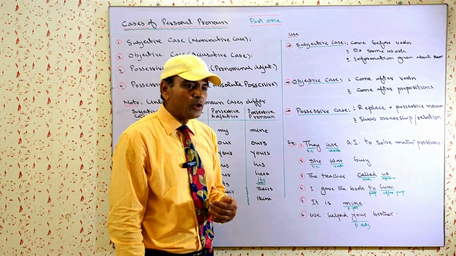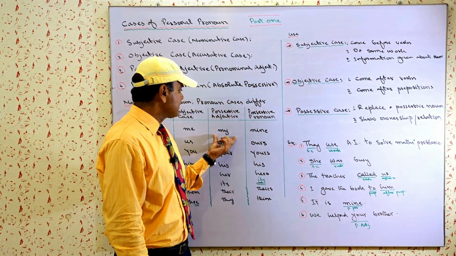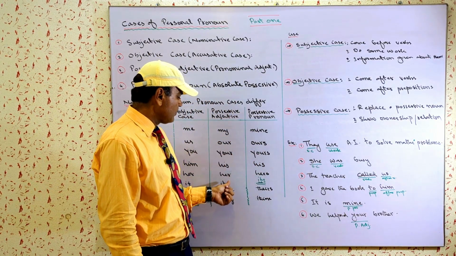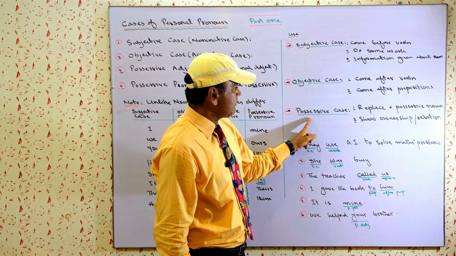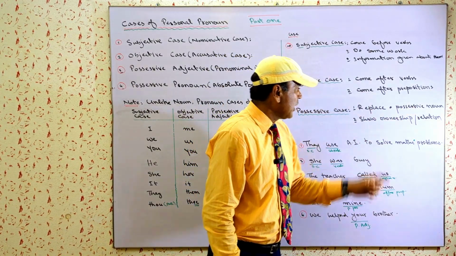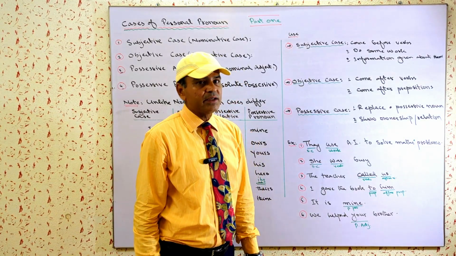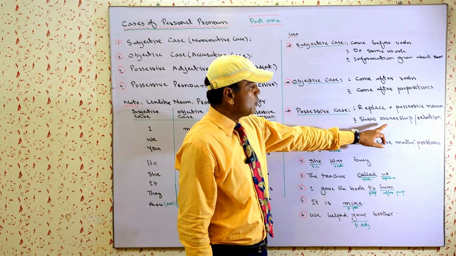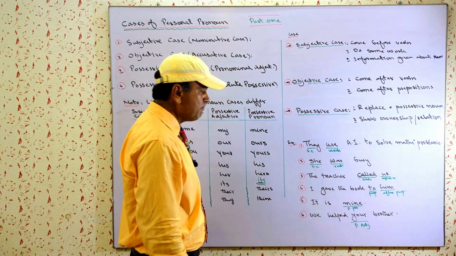If I want to replace girl's with a pronoun, my choice will be possessive adjective. So her doll. So the first use of possessive case is that it replaces a possessive noun. And when it replaces a possessive noun, its function is that it shows ownership or relation.